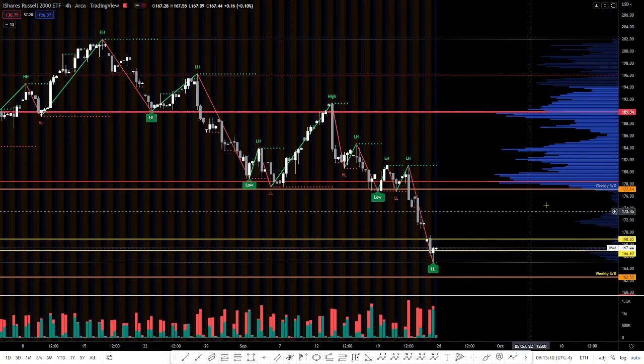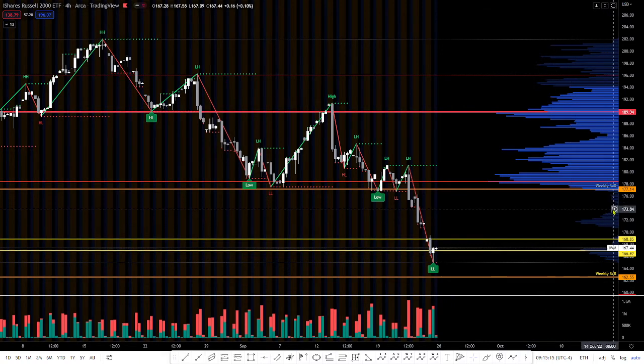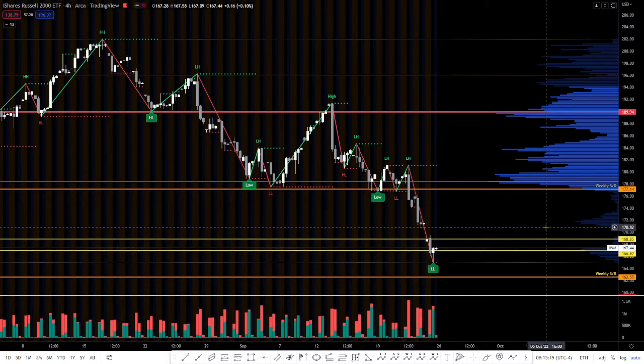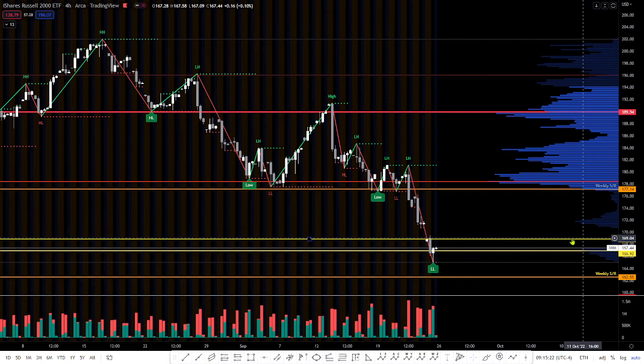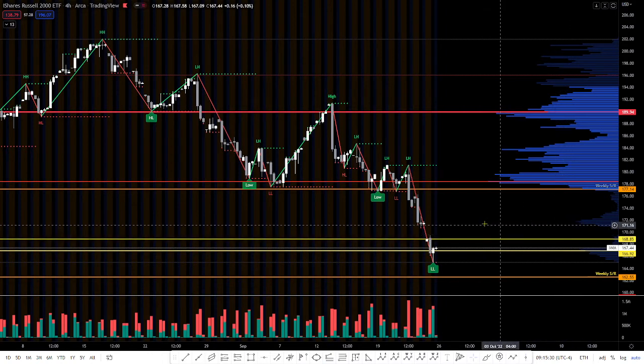So we shouldn't have a ton of support and resistance in this level because there's not a lot of volume profile here. All right, and that's kind of where we're looking is, how do I find the order block up in this range so I can capture this movement through this low volume area.